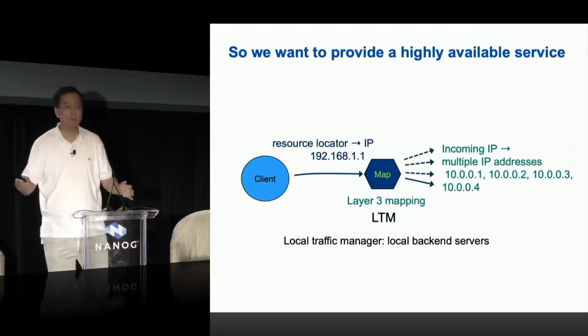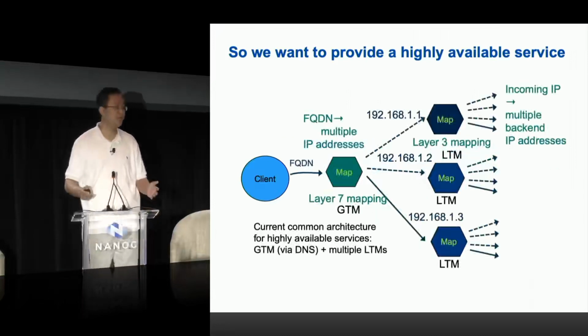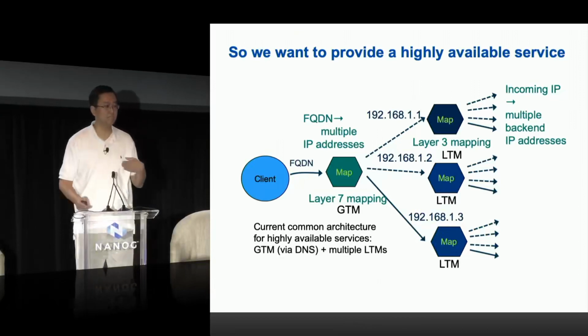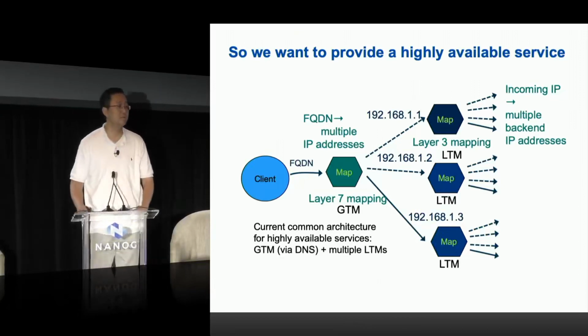Now, when we group this together, this is an often present architecture for highly available service, right? We have a DNS-based global traffic manager that would monitor different IP addresses for service availability.